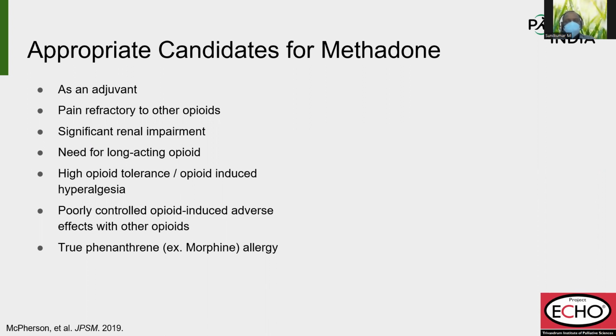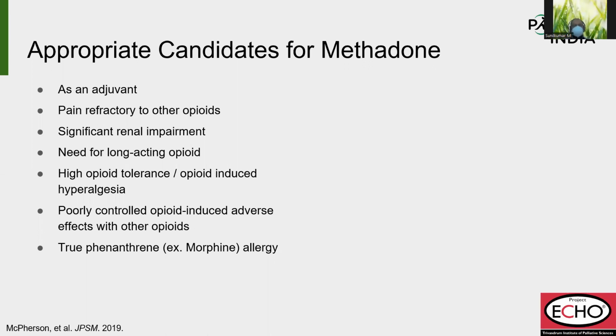Suppose a patient is on morphine 20 milligram 4 hourly, and the patient doesn't have proper pain relief. But if you add a small amount of methadone, maybe 1 milligram BD or 2.5 milligram BD, and the patient has good pain relief, then that is called an adjuvant in that situation.